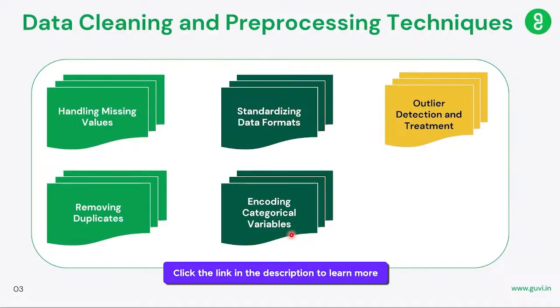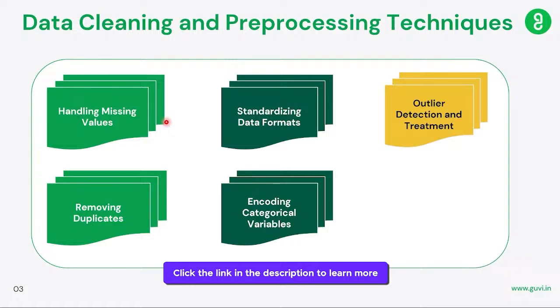So missing values are data points that are absent or unavailable in the dataset. Common techniques for handling missing values include removal: just delete that record, delete the row or column with missing values. Imputation, replacing missing values with a calculated estimate, like the mean, median, or mode.